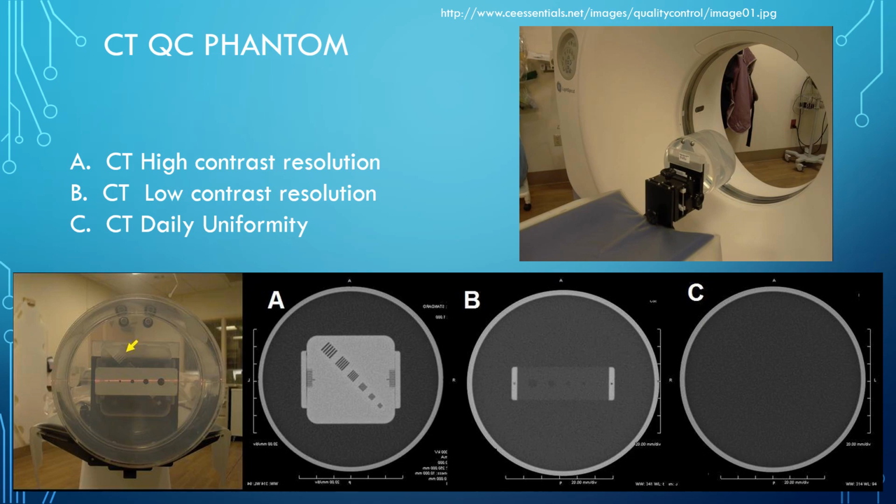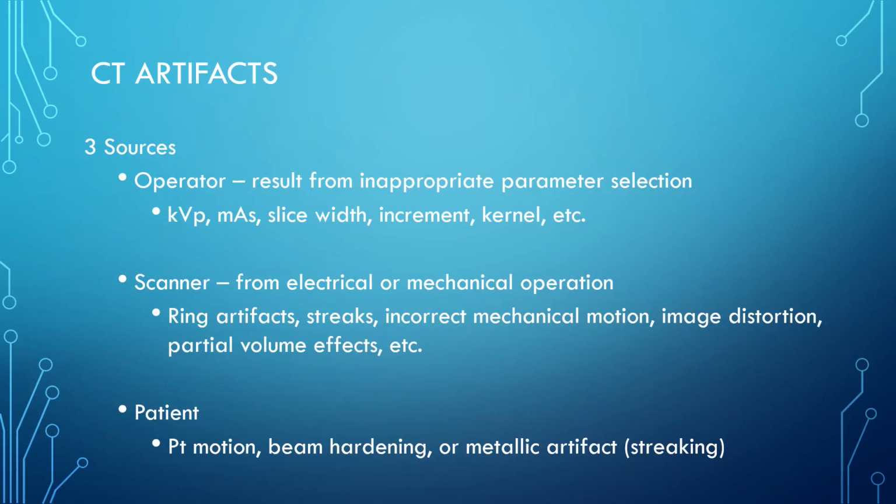So I will point out that the high contrast resolution you see in A, it has those several different lines there that allow you to see the contrast resolution, or also known as spatial resolution. B is showing you that with low contrast. There's not a lot of contrast in the image. And then, of course, C is the uniform image.